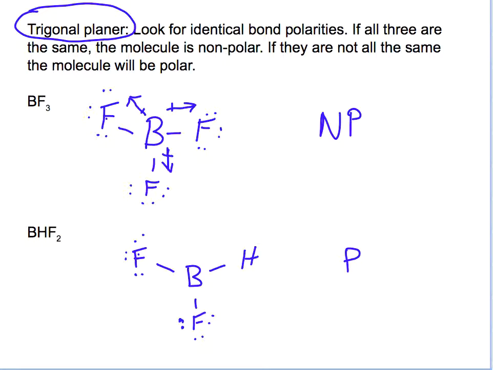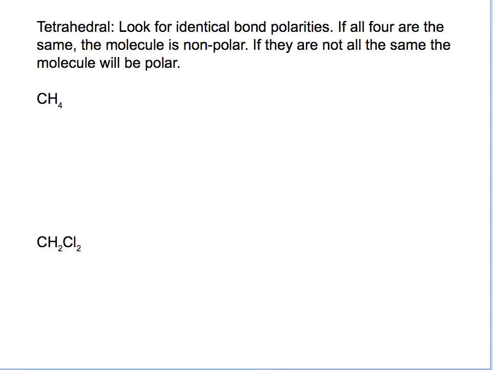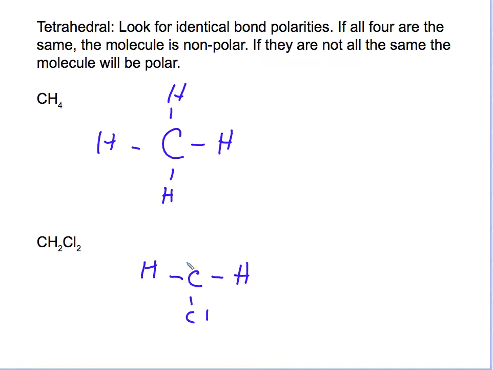All right? Okay, let's look at one other example. Tetrahedral. Okay, it's going to be kind of the same as trigonal planar. So you draw the Lewis structure. So let me draw both of these right here. And so then we got this one, which will be, okay, so I think I got those done.